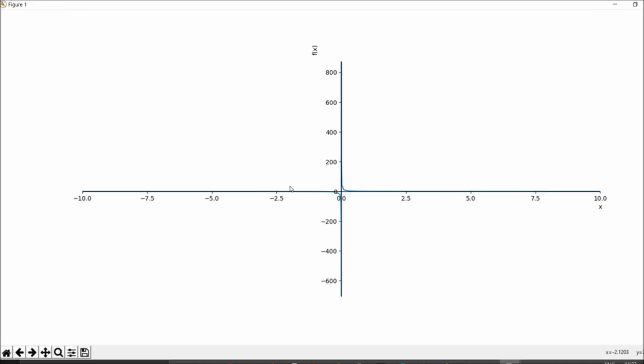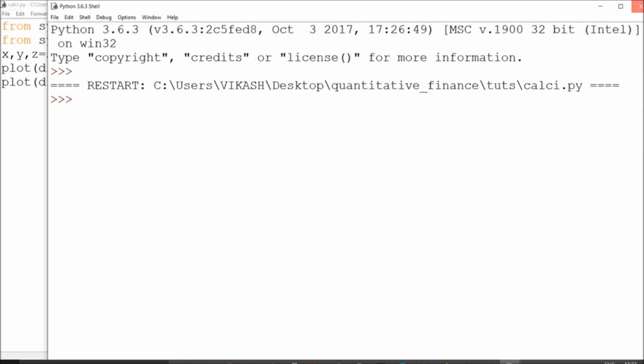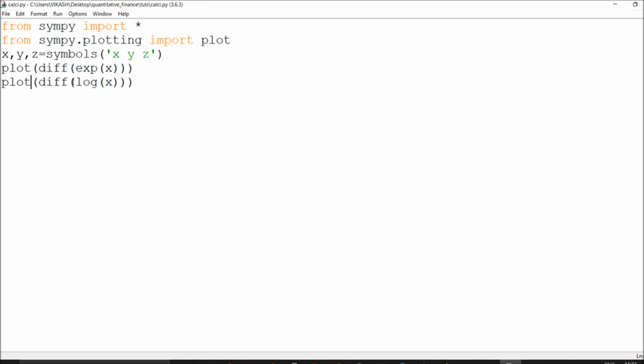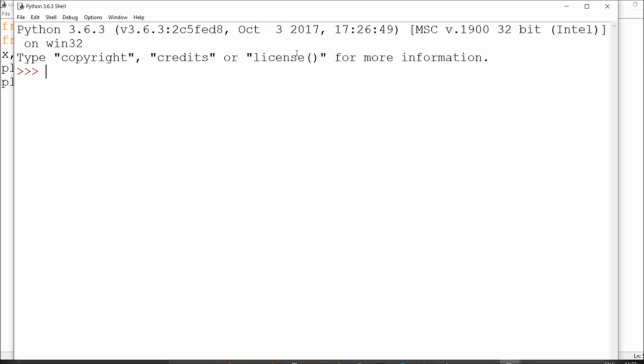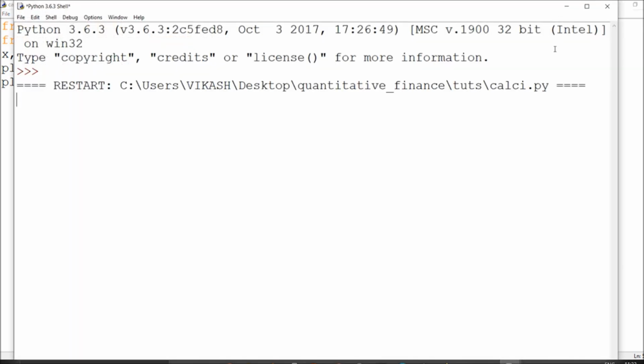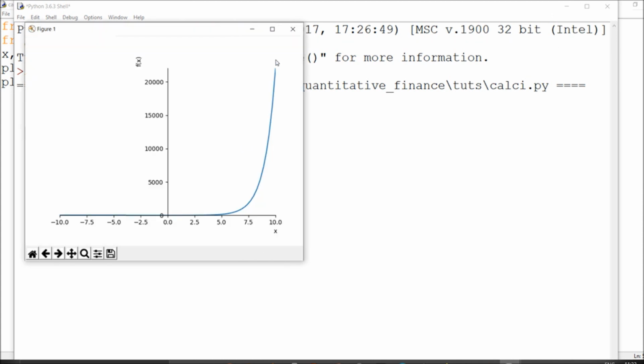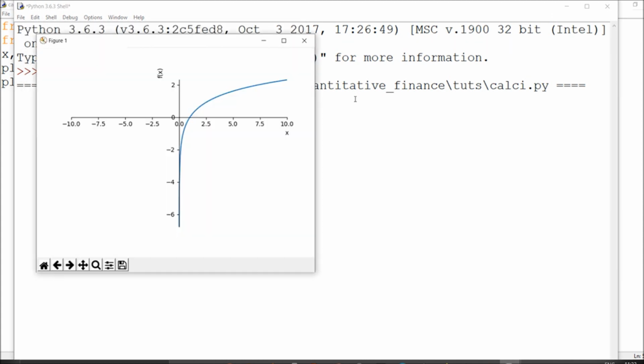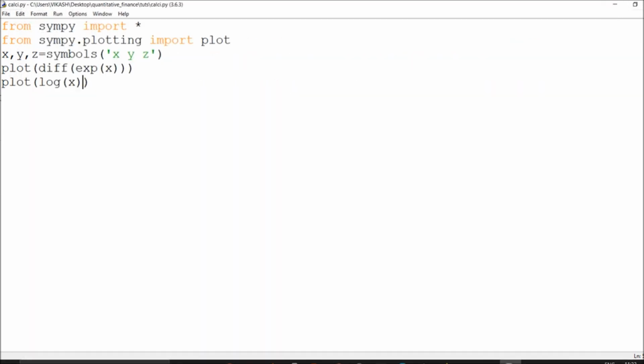I try to plot this log x, and I think I got the differentiation, so it plotted entirely differently. Since e to the power x retains the same, we didn't get any problem, and for log x we got the differentiation. So that's how we do it. We'll remove the differentiation part here as well.